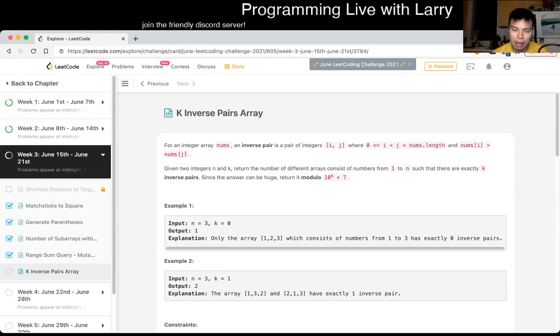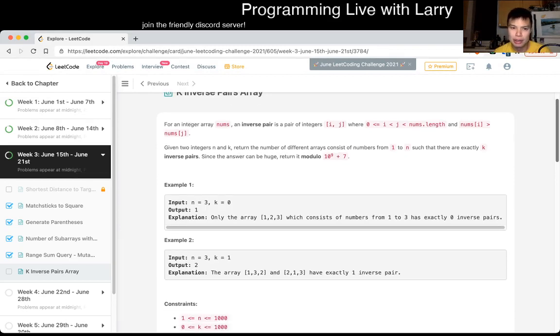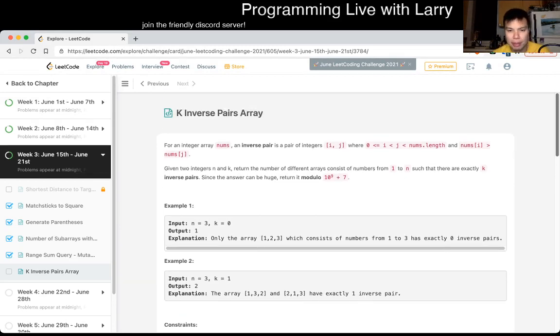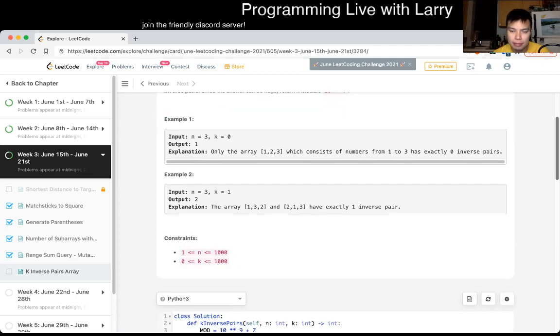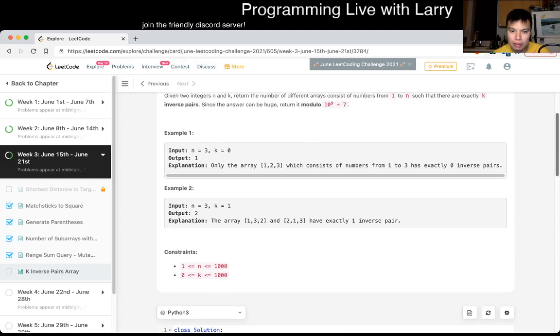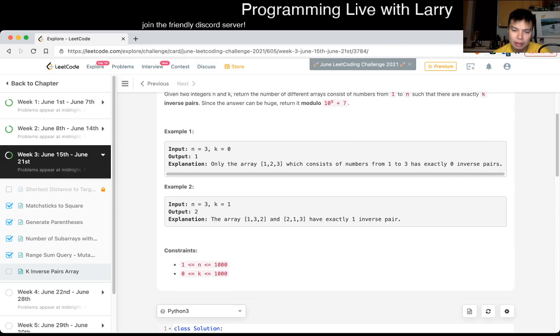Trying to think about the relationship of, is there a property that is true between k inverse pairs arrays? Let's say k is 1. What does that mean? Is there something more fundamental?